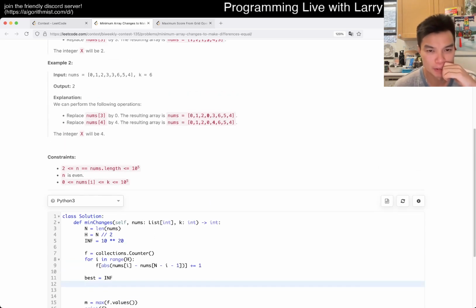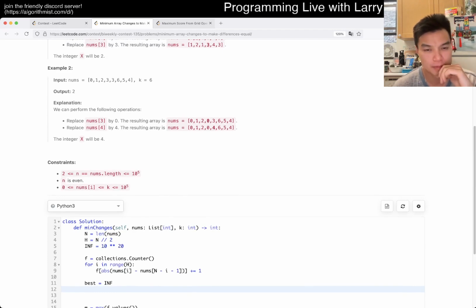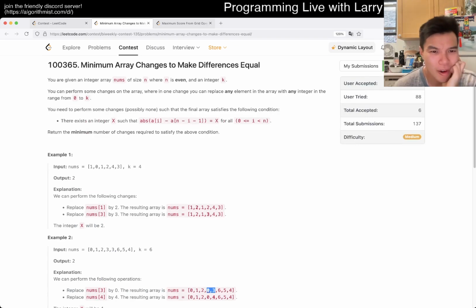Prefix sum makes sense, but how? So basically, we want to see how.